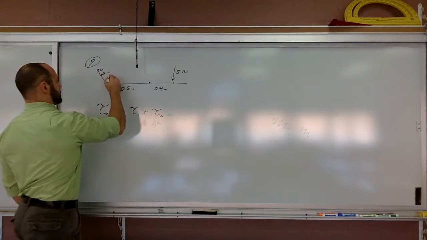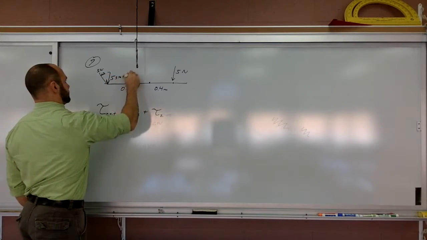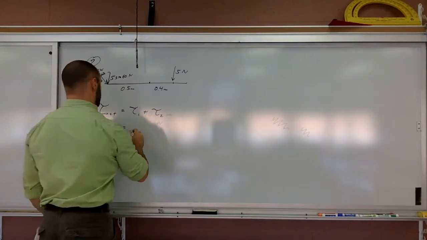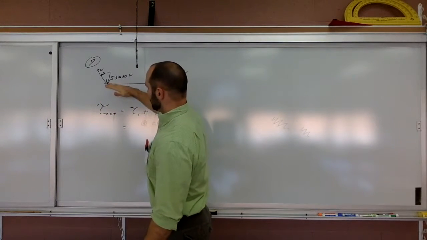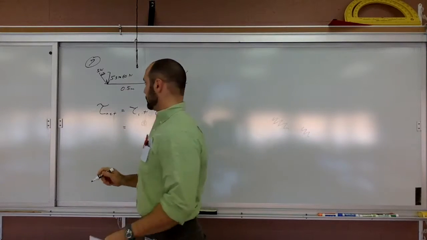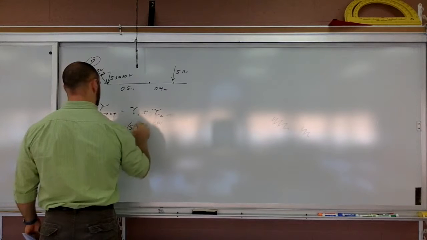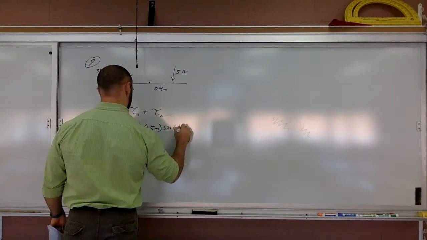That's like this. This is 5 sine of 60 newtons. And so this first torque, to get the direction, R cross F, it's pointing out. So this is positive, right, positive torque. We'd say 5 newtons times 0.5 meters times sine of 60.